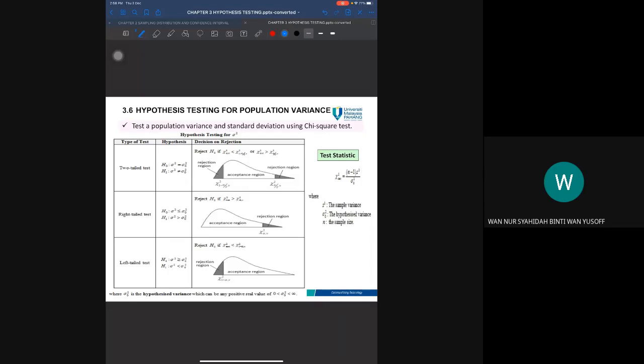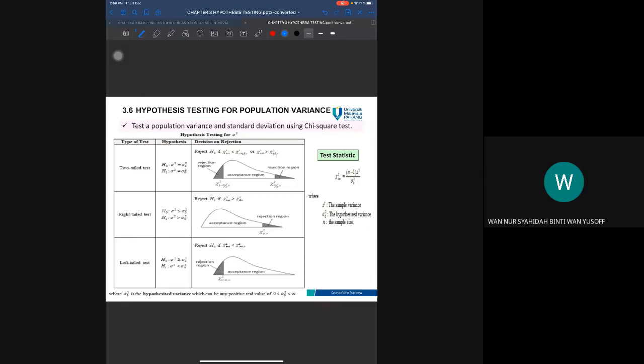Okay, so test a population variance and standard deviation by using the chi-square test. Now we have the variability as our parameter. When we say variability, it is correct if we write sigma square or sigma as a hypothesis, because sigma and sigma square are both about variability.